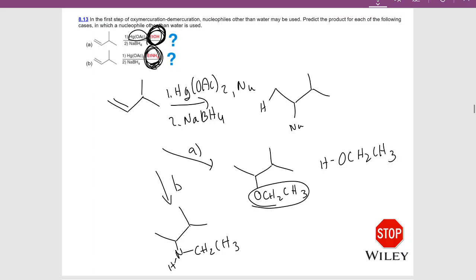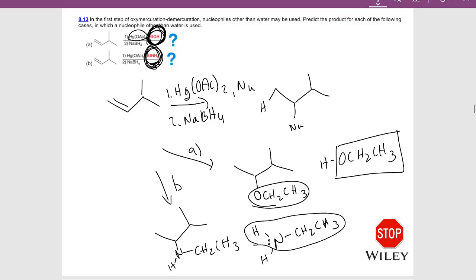So when ethanol is acting as a nucleophile, this is the part that we're adding as the nucleophile. And when ethylamine is acting as a nucleophile, that nitrogen has a lone pair. This is the part that we're adding, so we're losing one of those hydrogens.